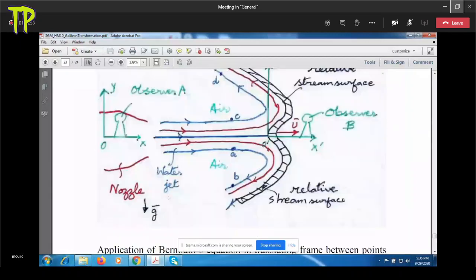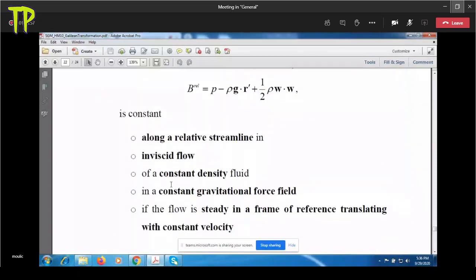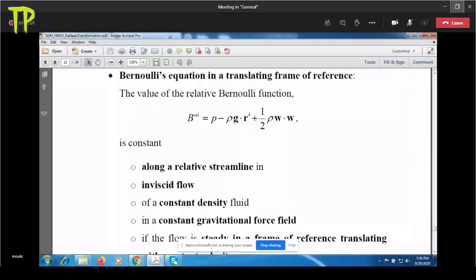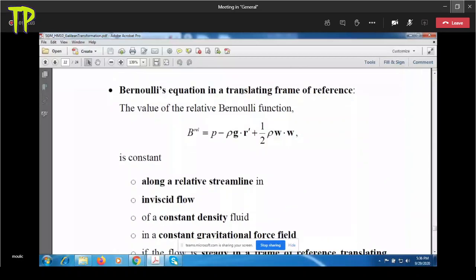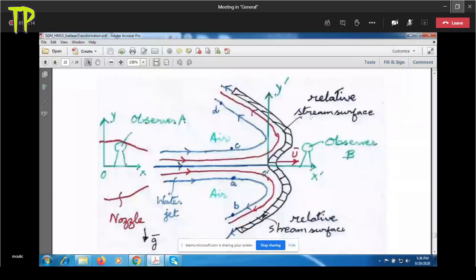Now, any other queries regarding this part? The important concept that I'm trying to emphasize is that the flow is unsteady in one frame, but the same flow can be steady in another reference frame. Relative to observer A, the streamline pattern is unsteady, and hence the flow is unsteady.